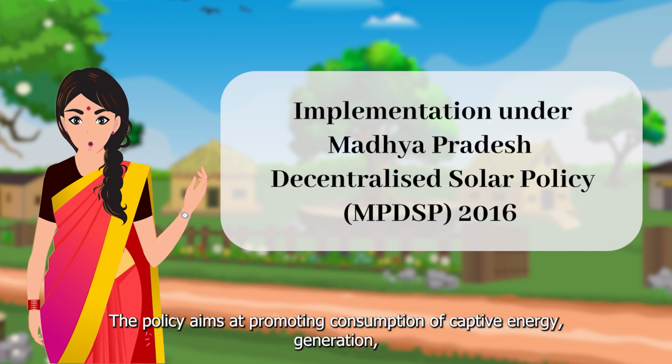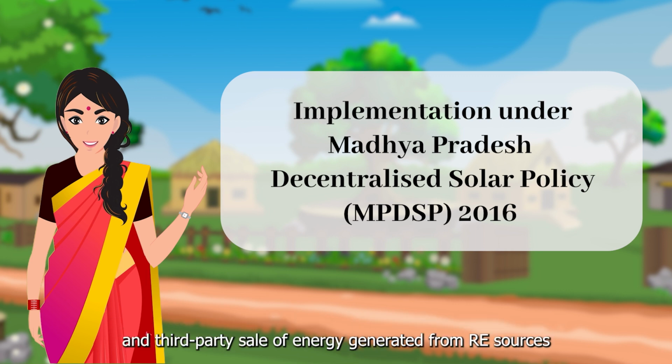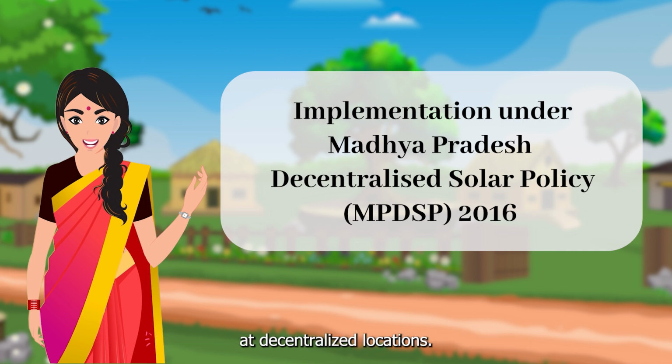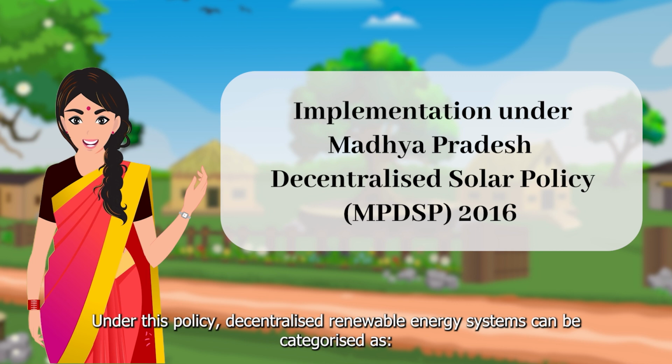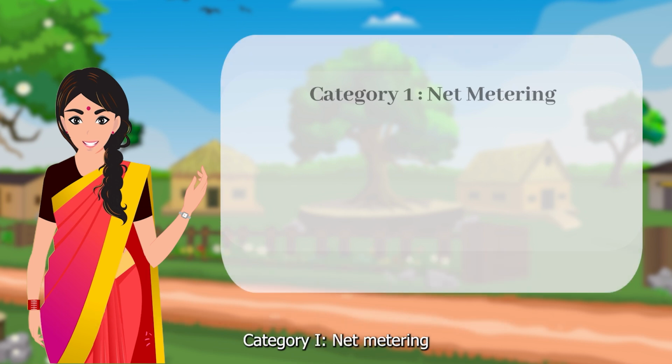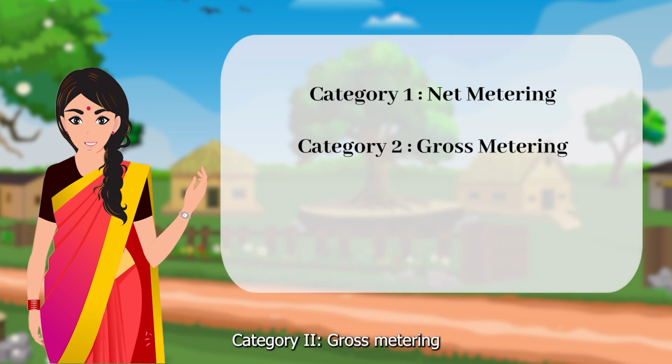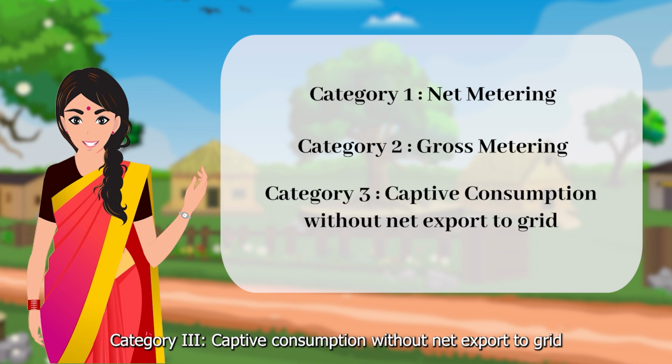The policy aims at promoting consumption of captive energy generation and third-party sale of energy generated from renewable energy sources at decentralized locations. Under this policy, decentralized renewable energy systems can be categorized as Category 1, net metering, Category 2, gross metering, and Category 3, captive consumption without net export to grid.